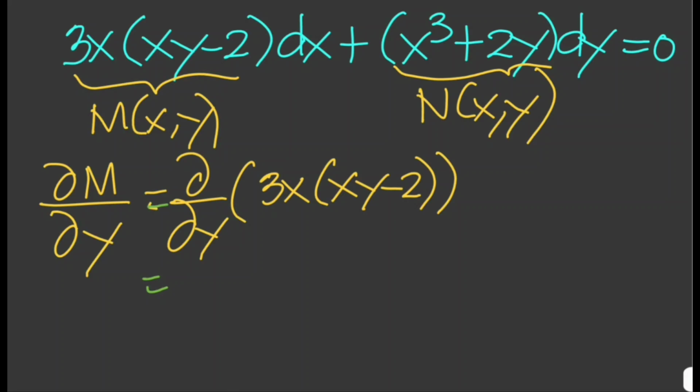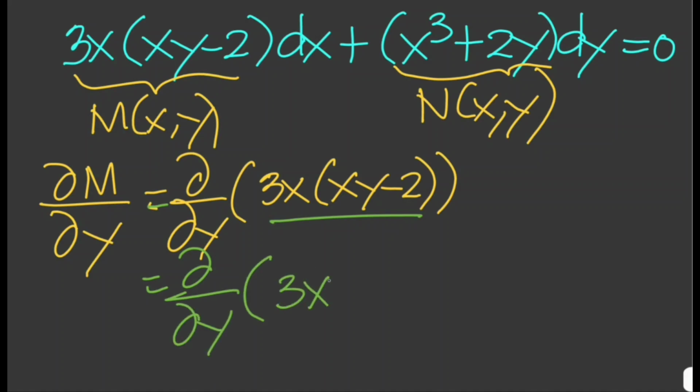Since we're dealing with partial derivatives with respect to y, all of the terms that have no y in them will be treated as constants. So let's simplify this first. This would be 3x squared y minus 6x.